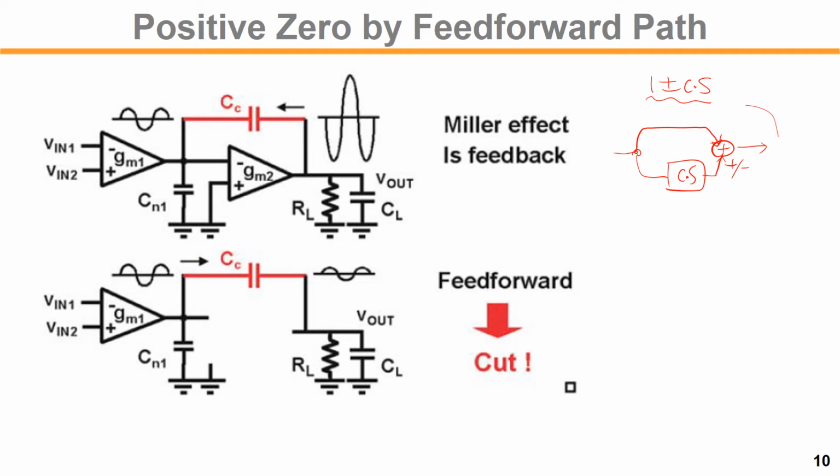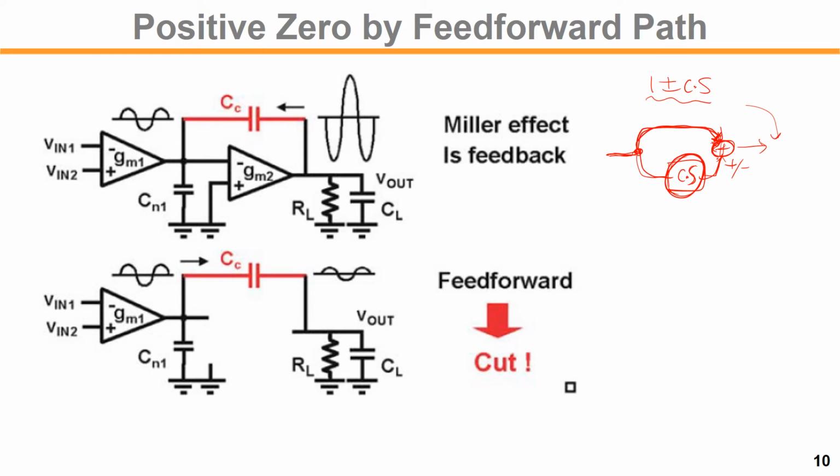Then you get this kind of positive zero or negative zero. So in the circuit, if there are two paths merged at the output, but the other path has some frequency dependent components, then you would introduce a zero.